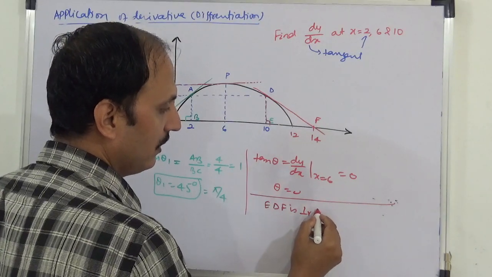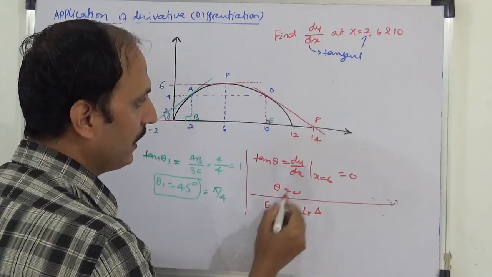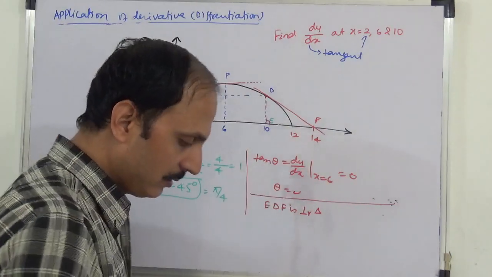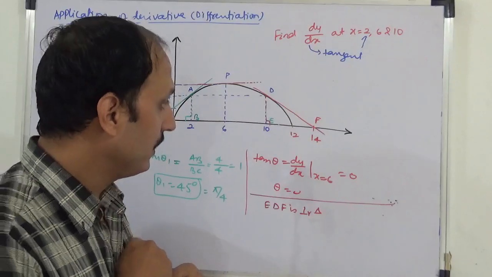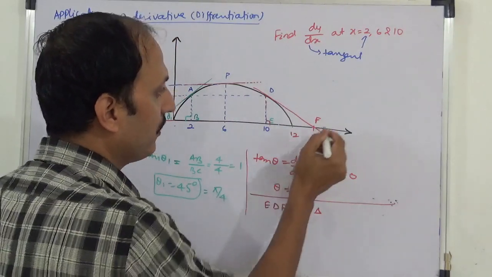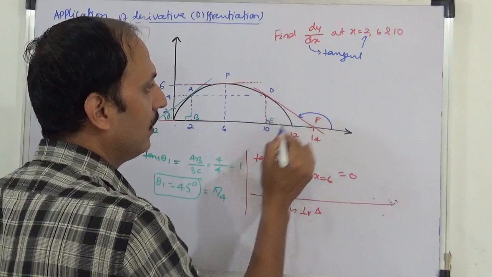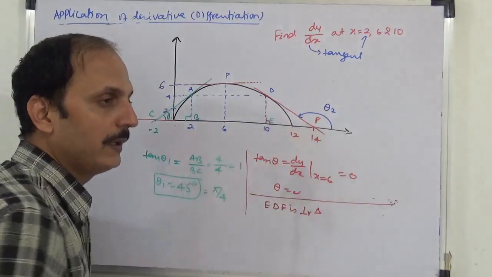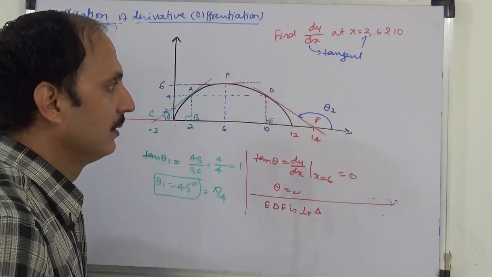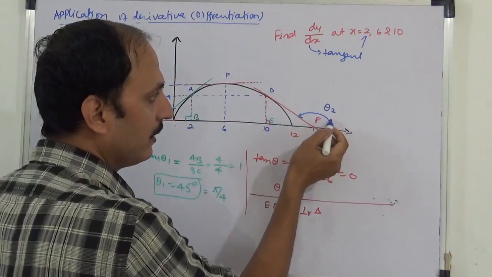Again we have to find the slope, which means dy by dx, which means tan theta. Theta is always measured in the anti-clockwise direction from the x-axis. So we have to find this angle anti-clockwise. This is theta 2.